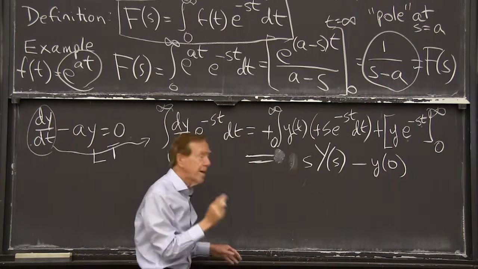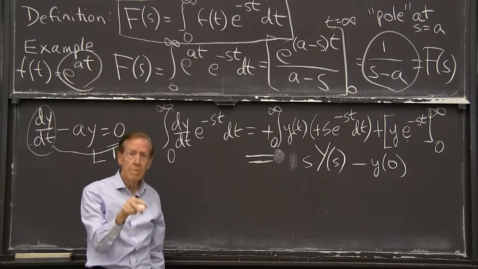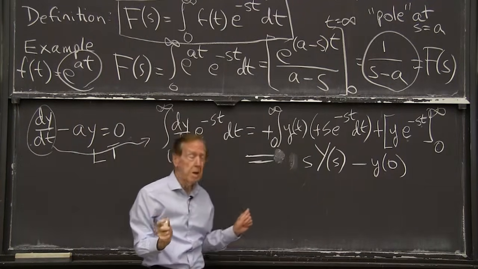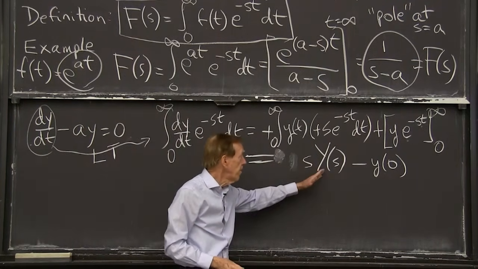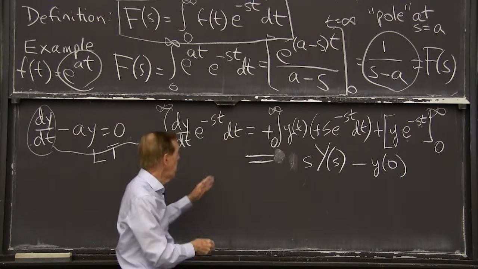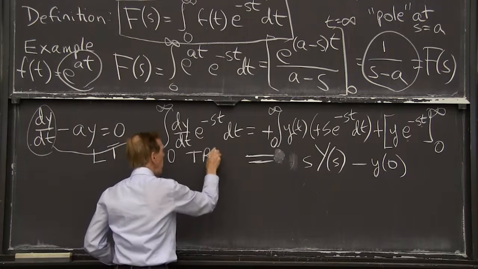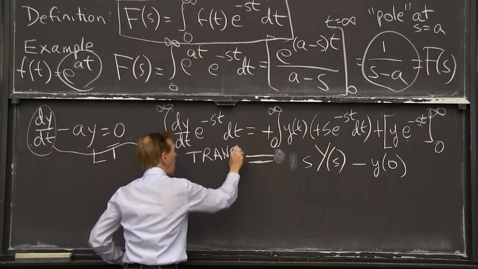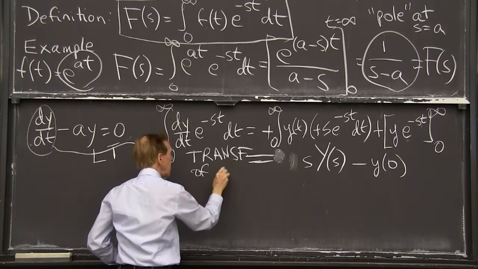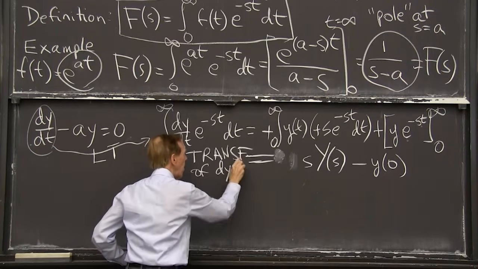So do you see that the initial condition comes into the transform? It's great. We have the transform of y. Now all this is the transform of dy dt that we found.